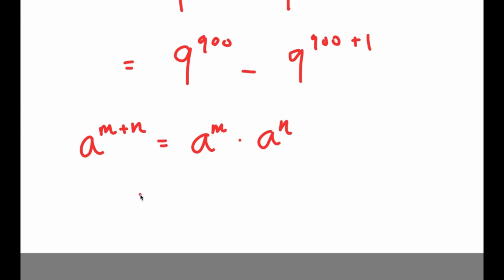So I get 9 to the power of 900 minus 9 to the power of 900 times 9 to the power of 1.